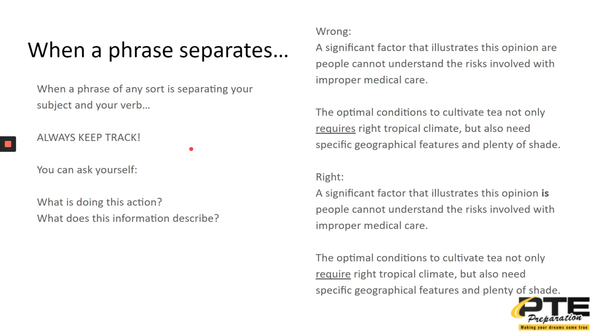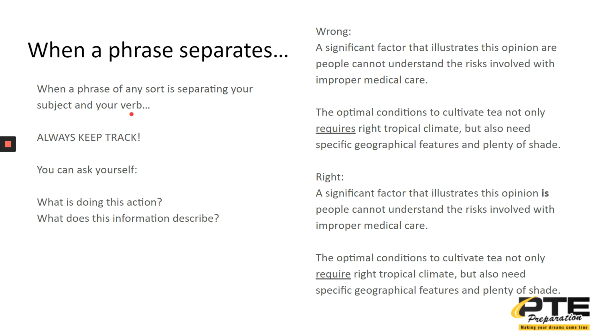This is where a lot of our clients and a lot of our students make the bulk of their mistakes. In sentences you get phrases, and phrases are just parts of a sentence that add value. They can add value as an adjective or as a describer, but they can't stand on their own.